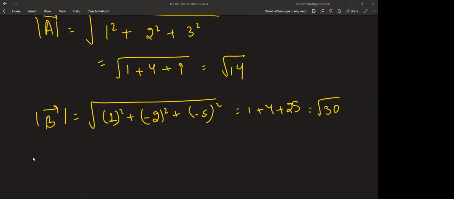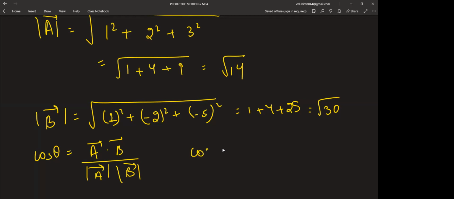Now we have cos theta equal to A dot B divided by the magnitude of vector A and vector B. So cos theta would be equal to 18 divided by root 14 into root 30.